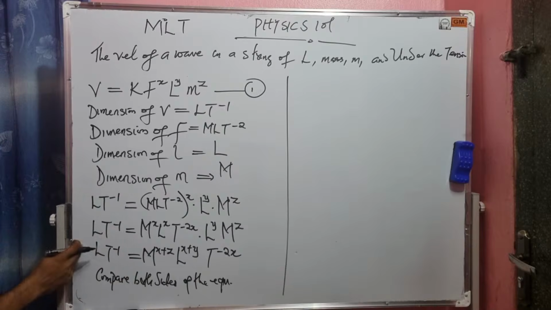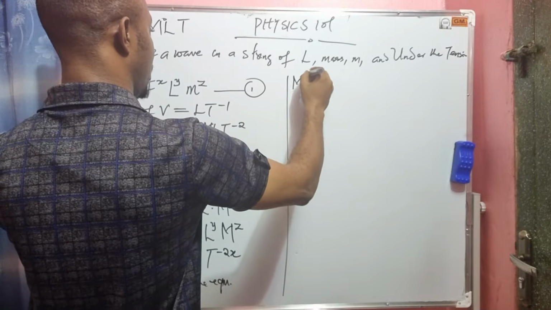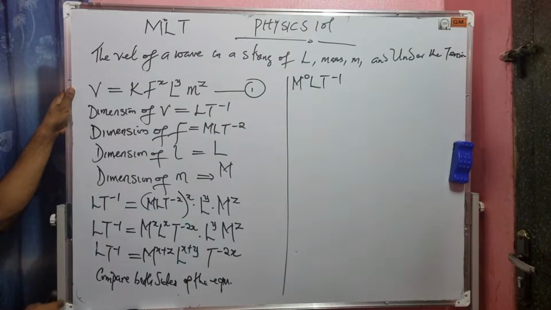But the power of m here must be what? 0, rather. So here becomes m to the power of 0, l to the power of 1, t to the power of minus 1, right? Because I want to compare, so I have to bring out all the terms.